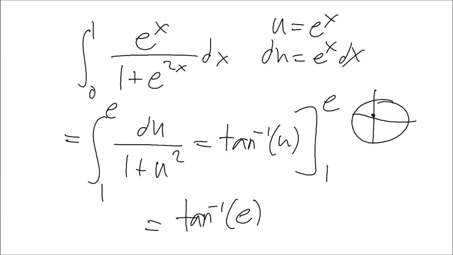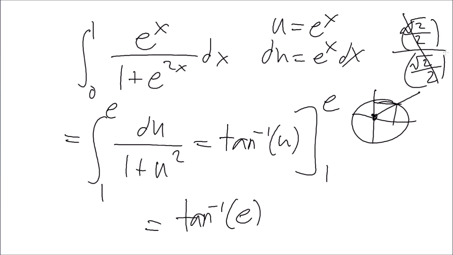That's very easy to know because root 2 over 2 over root 2 over 2 is clearly 1, and this happens at pi over 4, because sine of pi over 4 is equal to cosine of pi over 4. So that causes tangent of pi over 4 to equal 1. So inverse tangent of 1 is pi over 4.